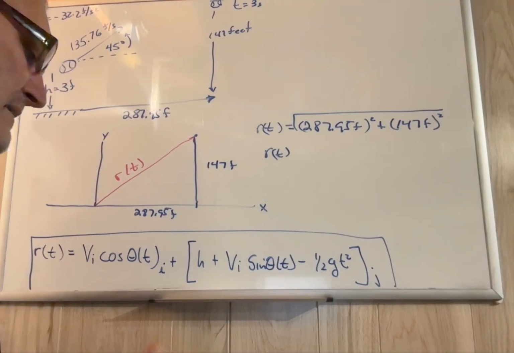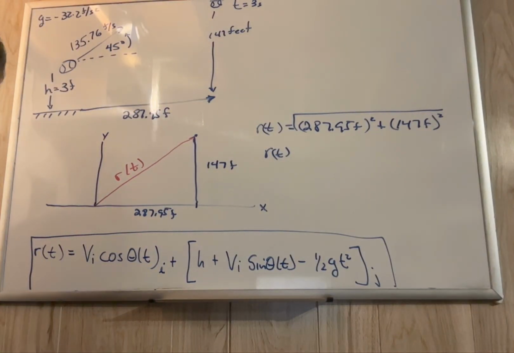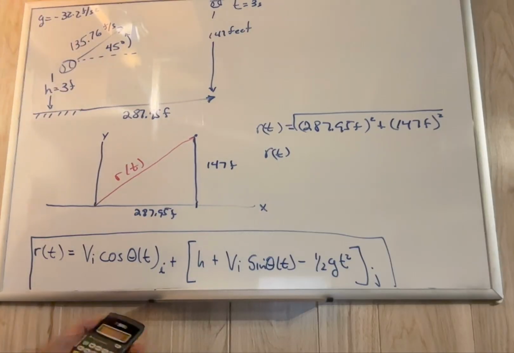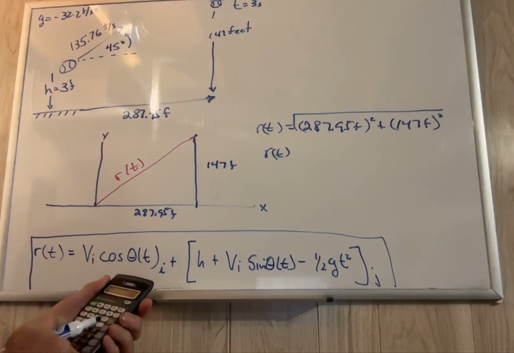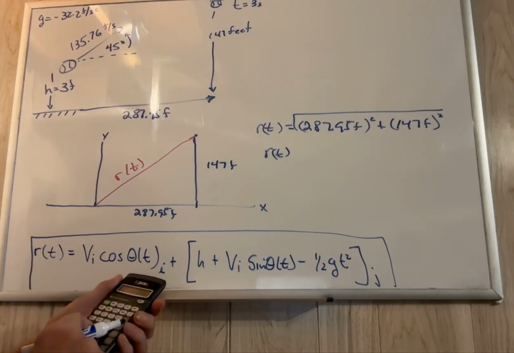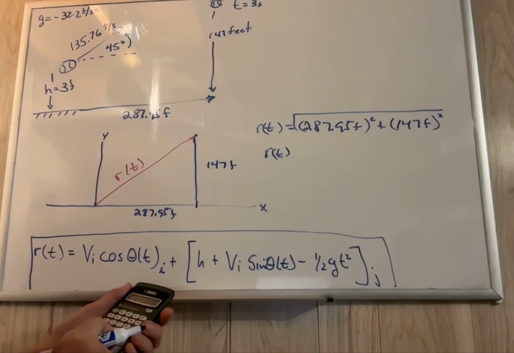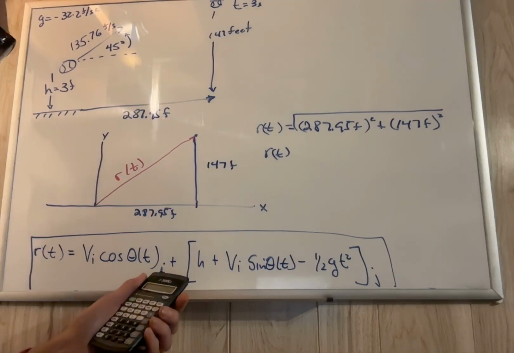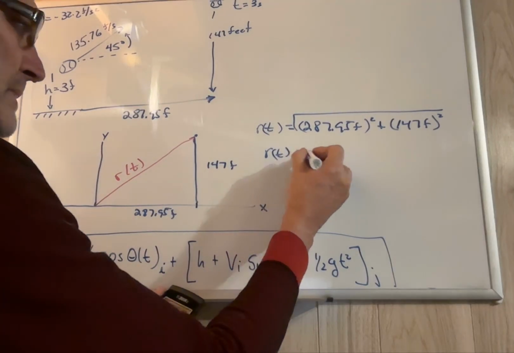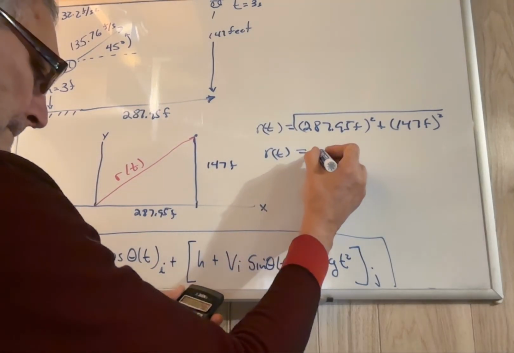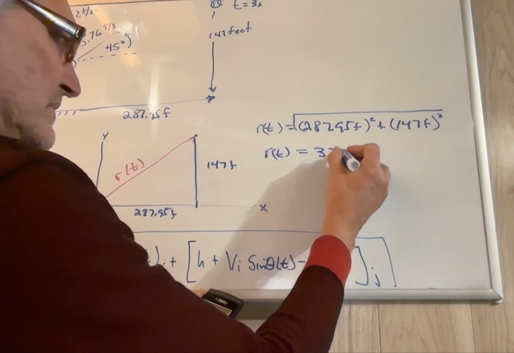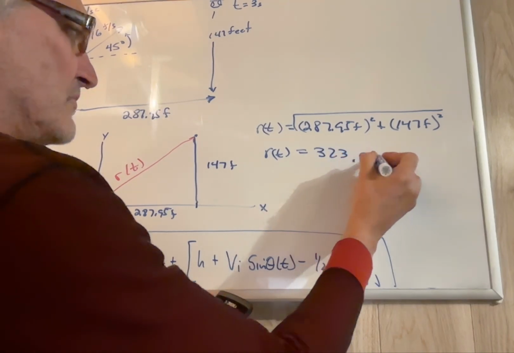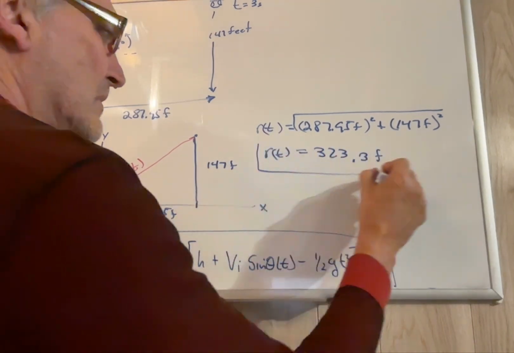I'll use my calculator. That's about 323 feet, 323.3 feet. So that's our R of T.